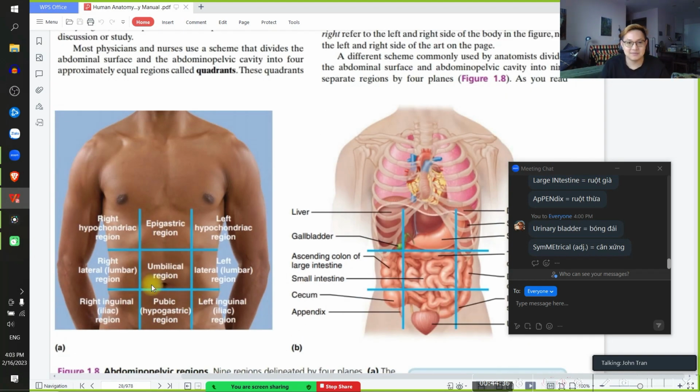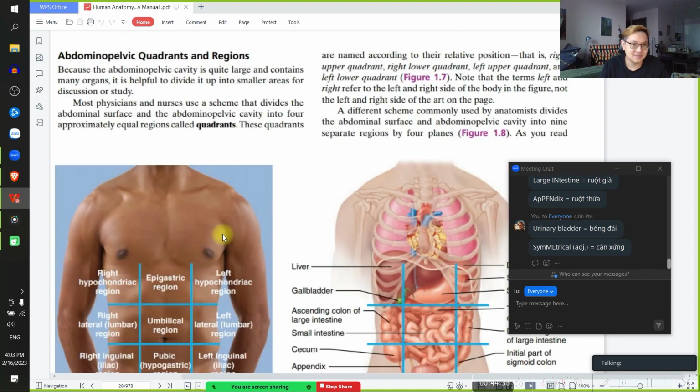Oh wow, look at this one. Abdominal pelvic quadrants and regions. Now we have the quadrants of the abdominal pelvic cavity and the regions related to them. There's another way to separate.